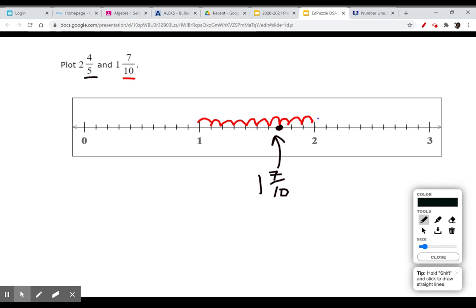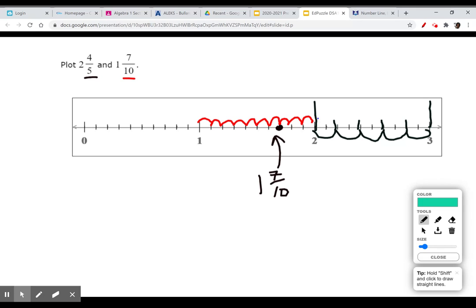So let's change colors for the different one. Okay, so if I'm doing fifths now, this is evenly broken up, all right? Each segment has exactly 2 in it when I break this up into fifths. So for 4/5, here's 2.